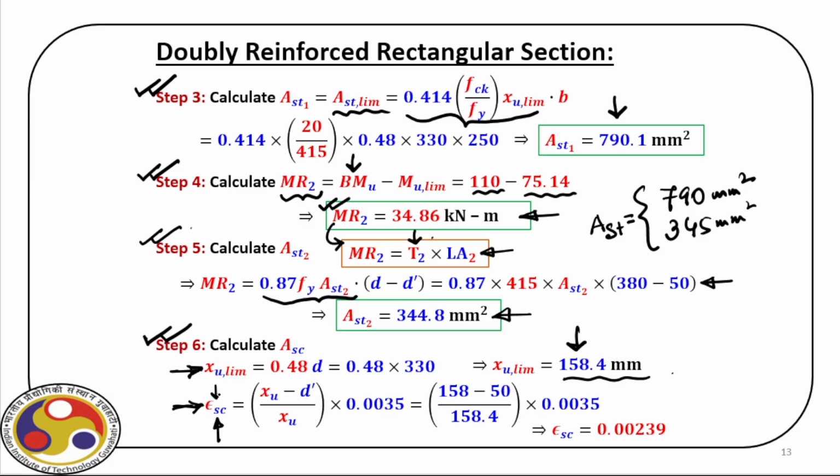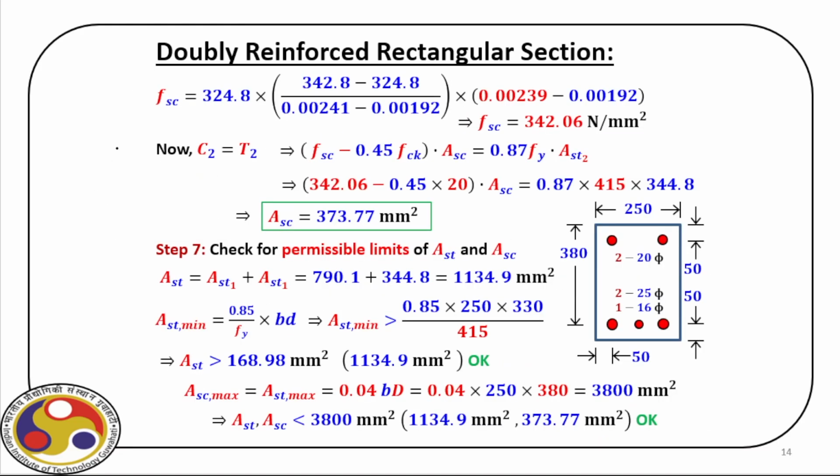Here we know XU, we know D prime, so we can calculate epsilon, which is 0.00239. Then we have to find out FSC, and that we do using an interpolation formula, which is here. So FSC for this epsilon SC is 342.06 Newton per millimeter square.